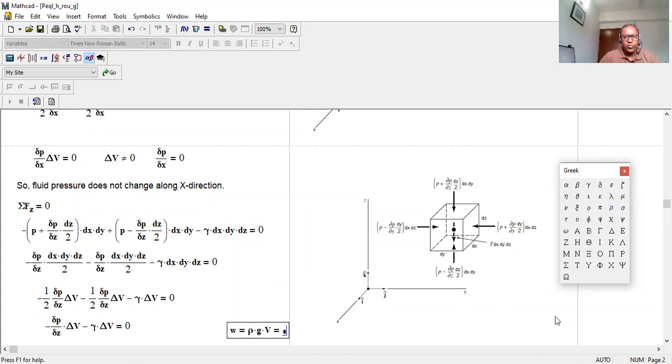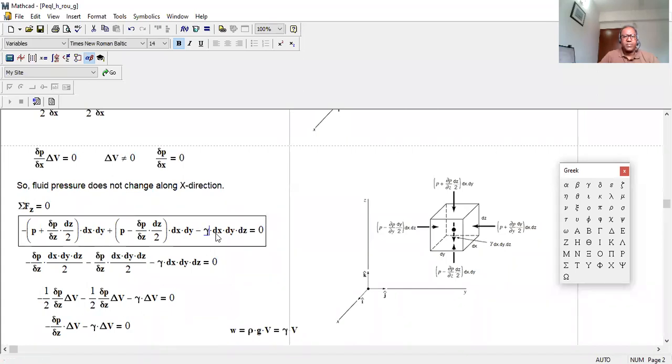Now g times rho is called gamma, the specific weight of the fluid. So I can put gamma times volume. This is the weight of this fluid element working downward, in the negative z direction. So this is gamma, and this is the volume dx, dy, dz.